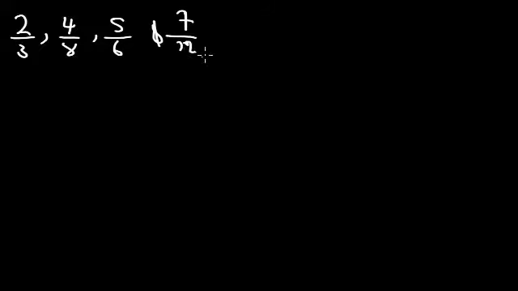Example 2. Consider 2 over 3, 4 over 8, 5 over 6, and 7 over 12. Pause the video and arrange these fractions in ascending order. The first question, what would be the LCM of the whole denominator 3, 8, 6, and 12?